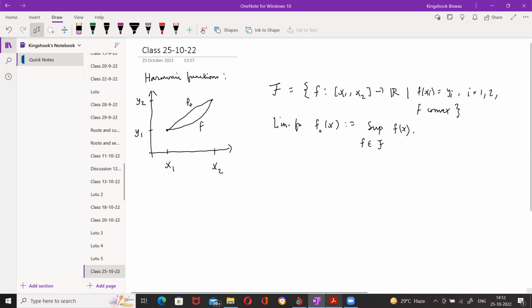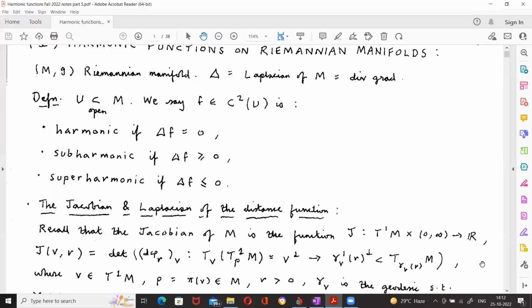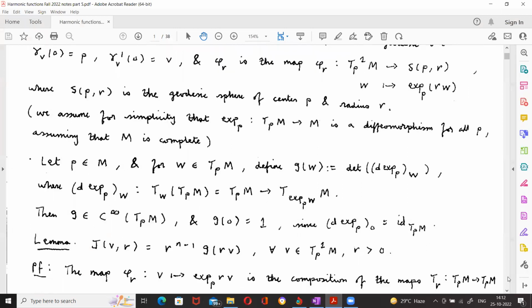All right. So we started talking about harmonic manifolds. Before that, for a general Riemannian manifold, we described some properties of the Jacobian.